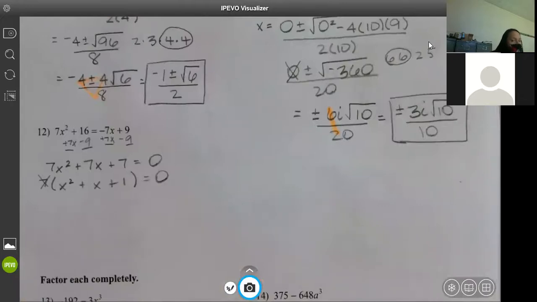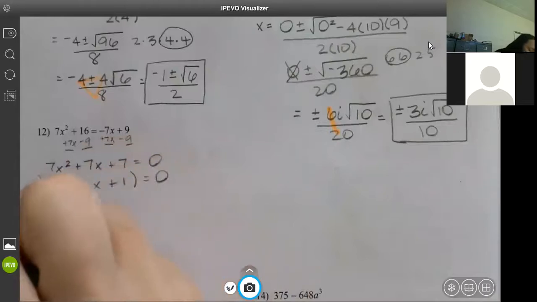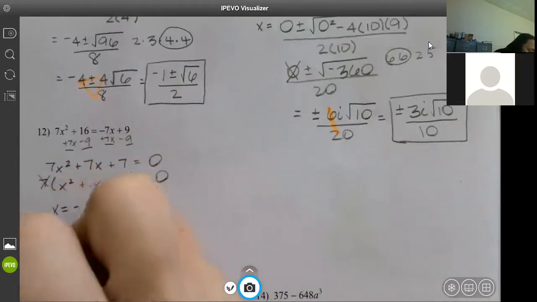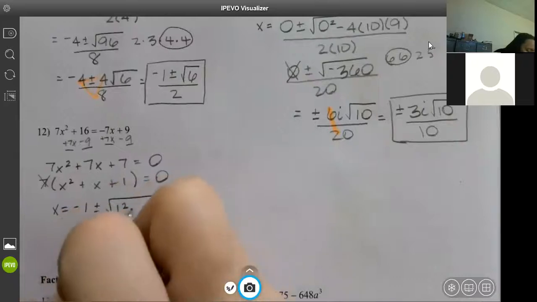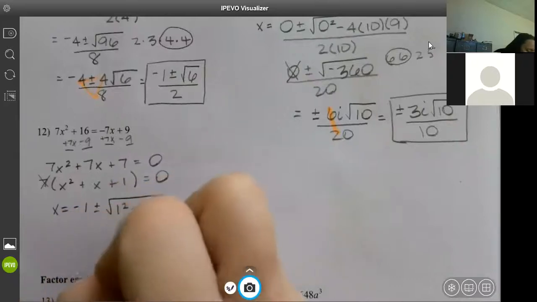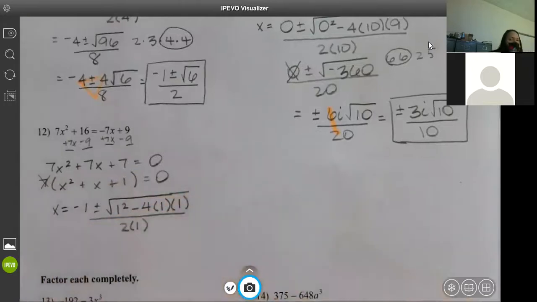All of your numbers, a, b, and c, are all 1. 1x squared, 1x, and 1. So x equals negative b plus or minus the square root of b squared minus 4 times a times c. Everything is 1 all over 2 times a.